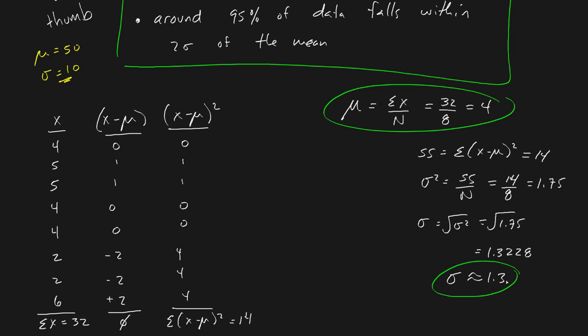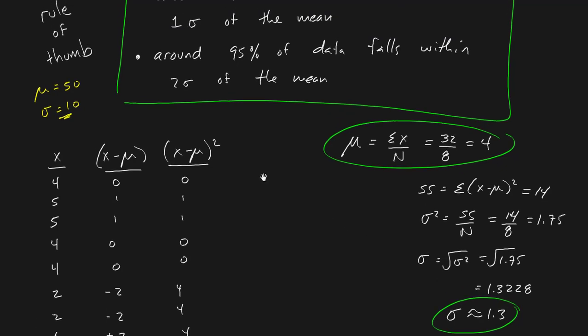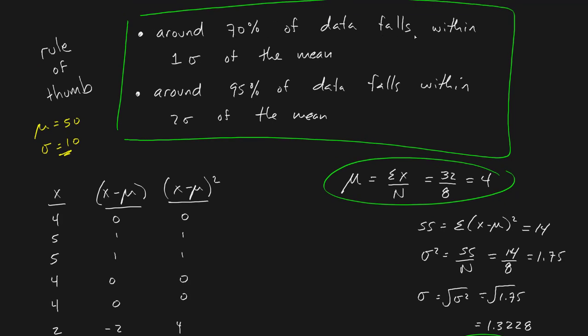What I should find is that 70% of my scores, according to my rule, let's go back up and have a look at the rule, 70% of my data falls within 1 standard deviation of the mean. So that means that if I did the mean minus a standard deviation, and went all the way up to the mean plus 1 standard deviation, I should find 70% of my observations fall within this range.